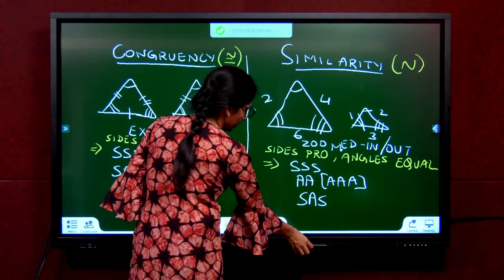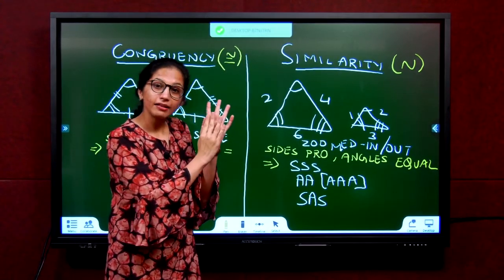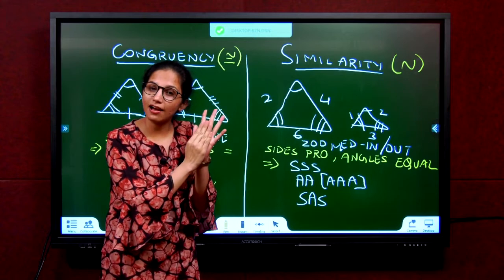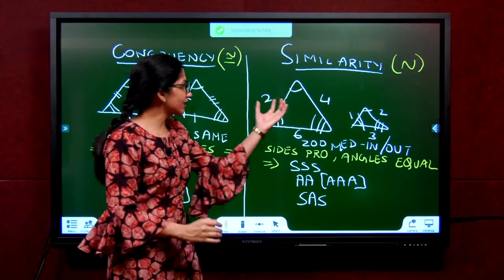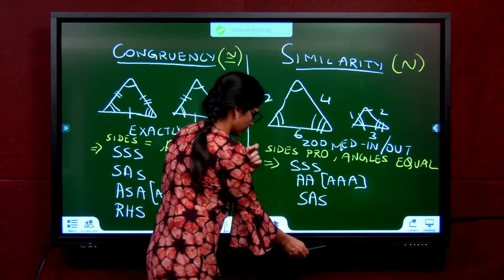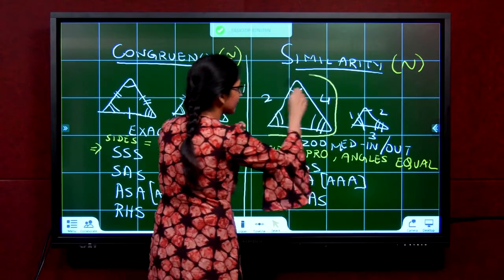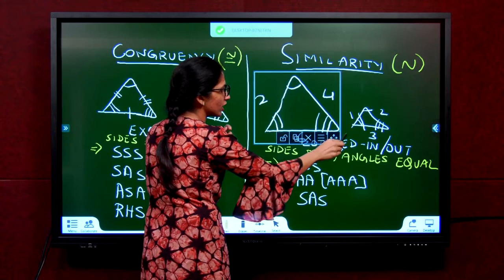Like for example, if I bring a baby's hand and keep it on my hand, the baby's hand and my hand are similar. Is it congruent? Is it exactly the same? No, it is similar. So it's either a smaller version or a bigger version of it. Angles do not change. See again, will my angles change? My angles will not change, only the side length is changing.